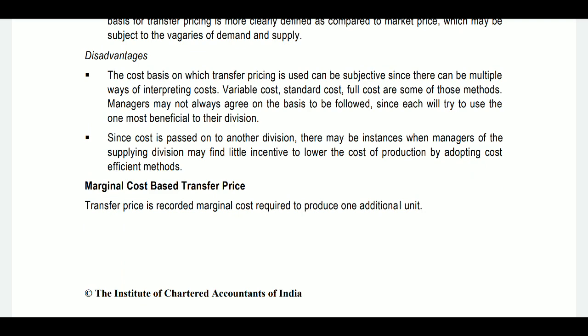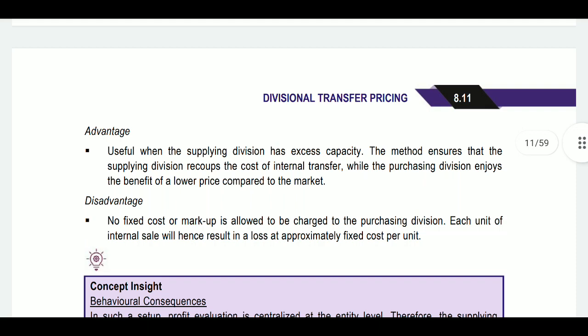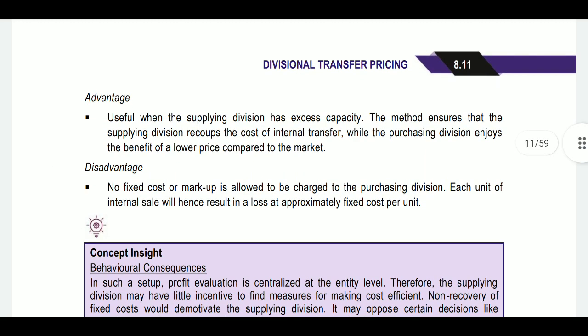Next, the marginal cost method. What is this marginal cost method? Here the transfer price is recorded at the marginal cost required to produce one additional unit. If you want to produce one additional unit, what is the cost? It will be added.